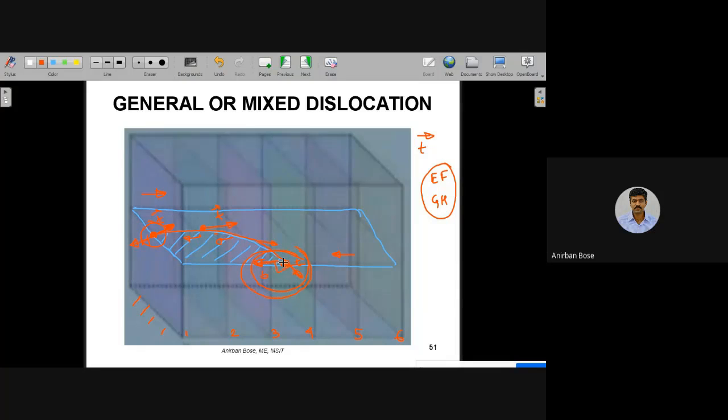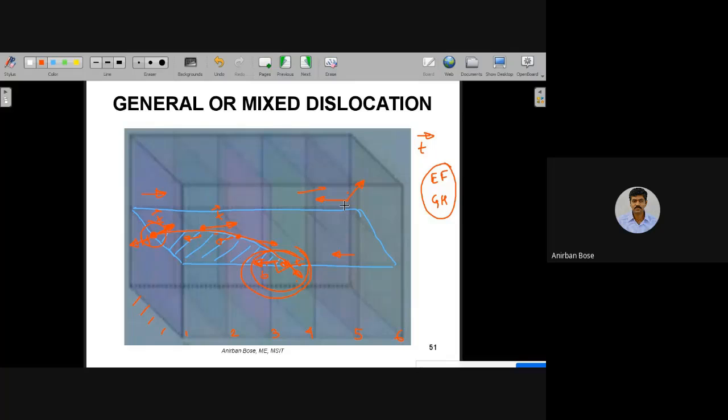Now depending upon the direction of B and T, you can also identify whether it is a positive edge or a negative edge. Similarly, considering this B and T, you can also find out whether it is a negative screw or a positive screw. And in other locations, you see that B and T are making some angle, maybe T is like this and B is like this. In that case, definitely you can understand there are two components.